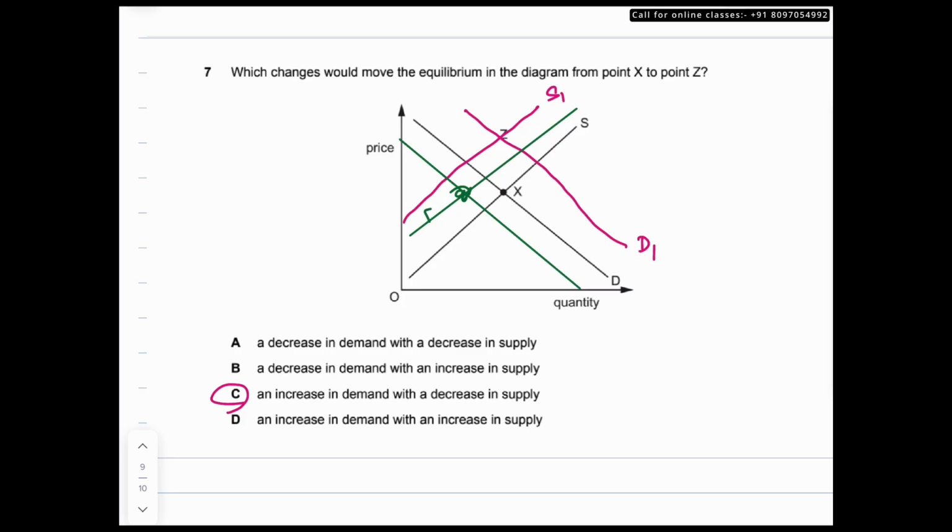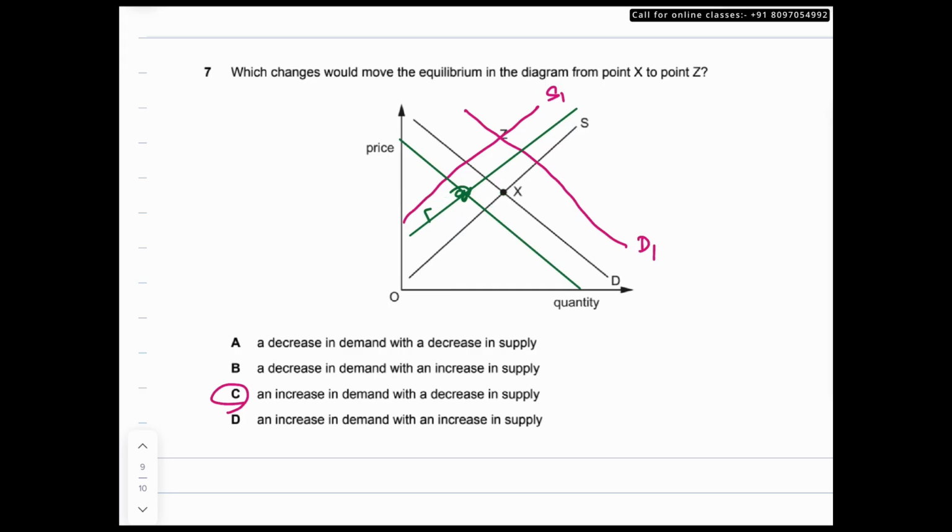But based on the change I have drawn, you get this situation, which probably is not making any change in the price but maybe some change in the quantity. Correct? So this is not what we wanted. We wanted this equilibrium point. So this is ruled out. Option A is ruled out.